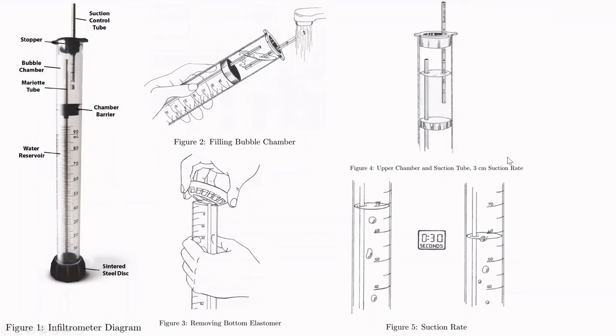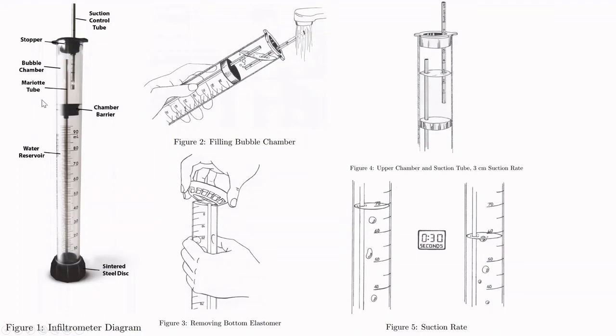All right, and then what you do is adjust the height of this suction control tube. Here you can see that they put it around 3 centimeters, so the suction is about 3 centimeters. The air has a certain pressure, but in this case it's negative 3 centimeters.